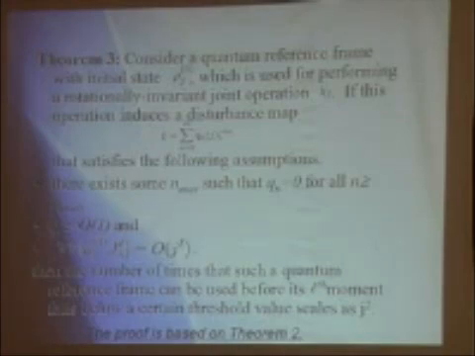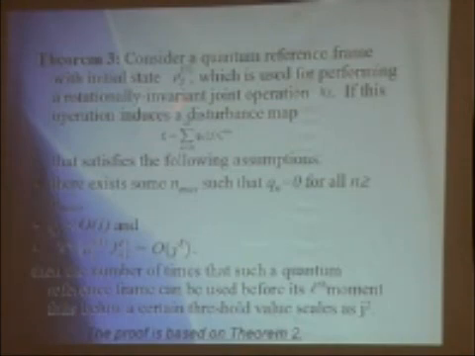The spin j has angular momentum in the n hat direction, with discrete values from minus j to j.